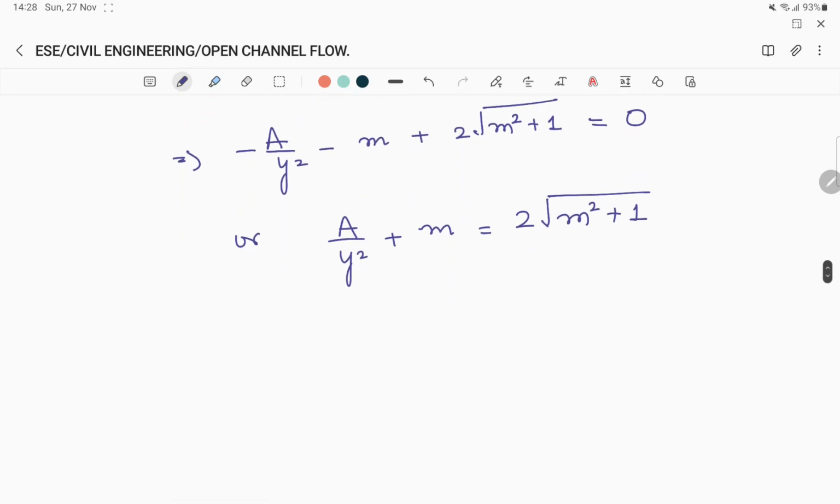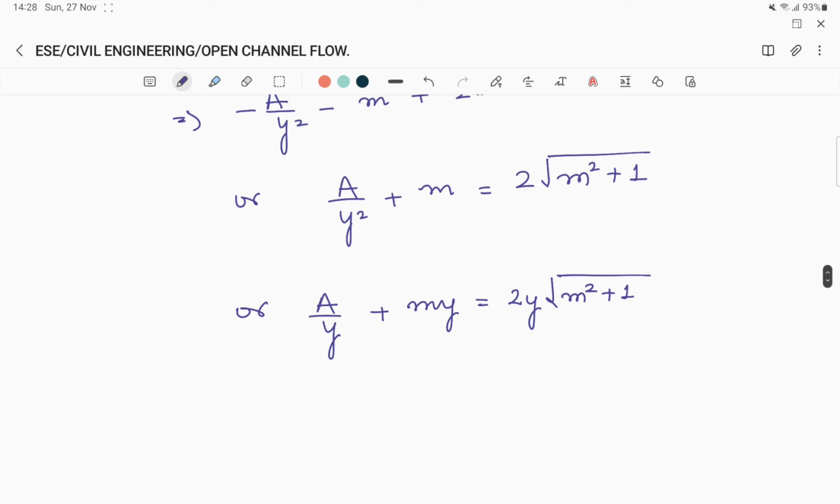Now if we multiply y on both sides, we get A upon y plus my is equal to 2y under root m square plus 1. See, in the place of A upon y, we can write B plus my. So B plus my plus my is equal to 2y under root m square plus 1.